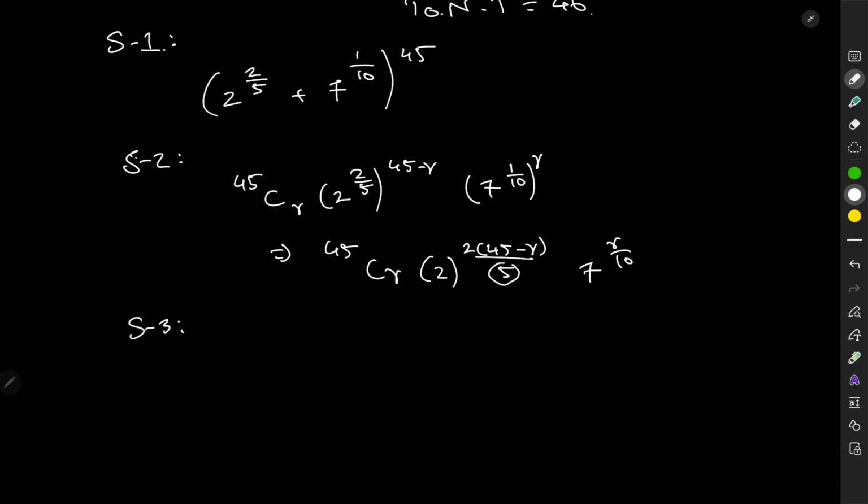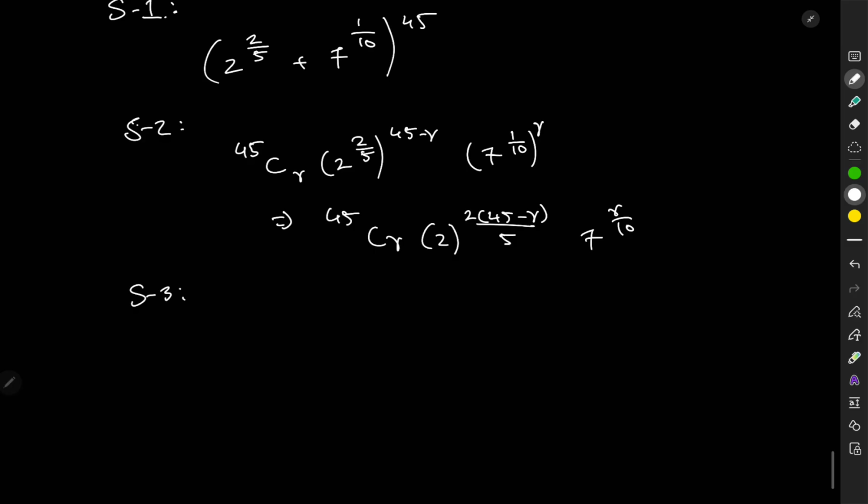Use the hit and trial method. Fine. Use the hit and trial method such that these two powers should be proper integers. Okay, let's try by putting 0, and you should also note that r should be greater than or equal to 0 and r should be less than or equal to 45.